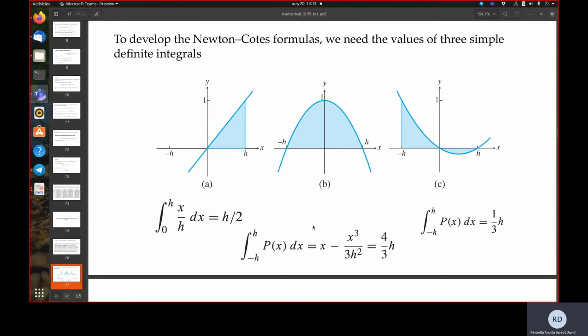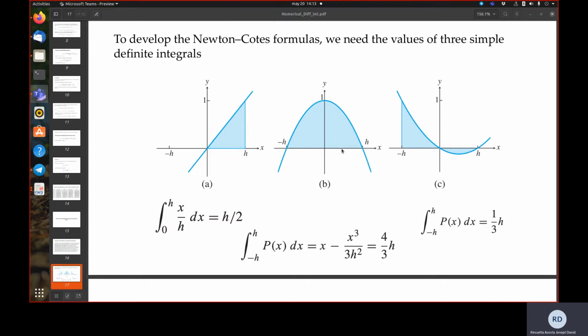Once we obtain this interpolation polynomial, we will see that this integration is equal to x minus x cubed divided by 3h squared. Once we evaluate the integration over this interval, we see that it is 4/3 of h. So this is the area of a parabolic function, as long as we keep the height equal to 1 and the width equal to h, or half width.